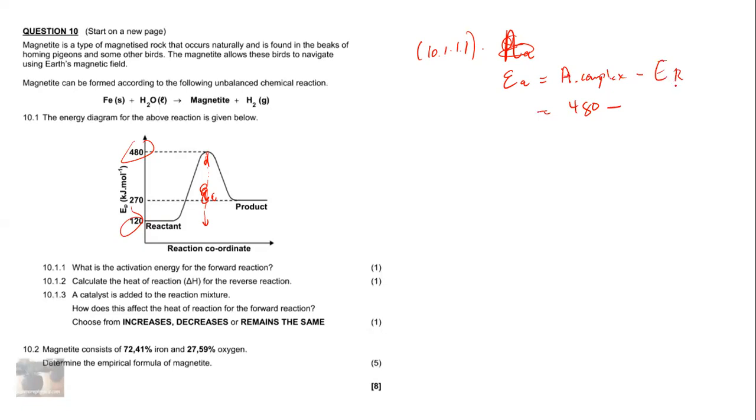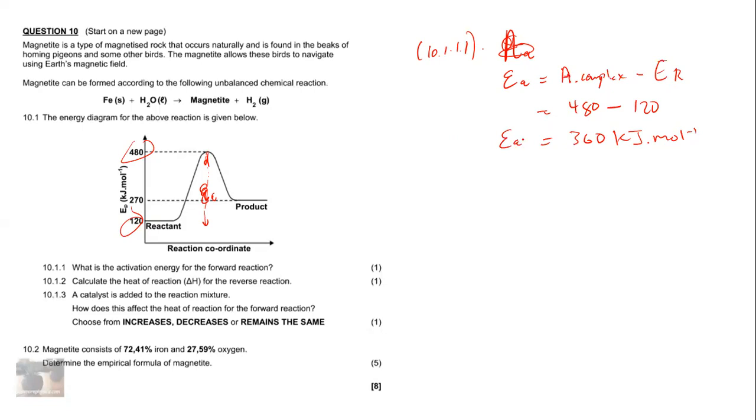So this one is going to be 120 of the reactants, and then on my calculator, 480 subtract 120, it's 360. So do not forget to include your units. Sorry, it's 360 kilojoules per mole. 360 kilojoules per mole.